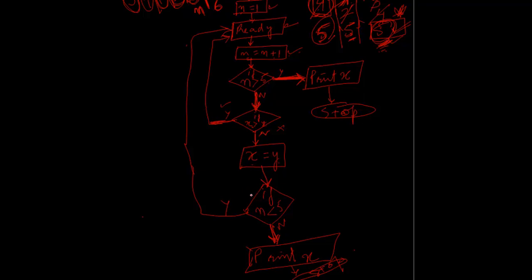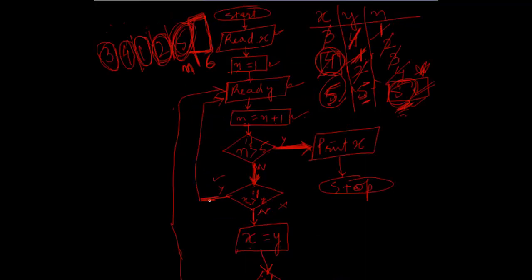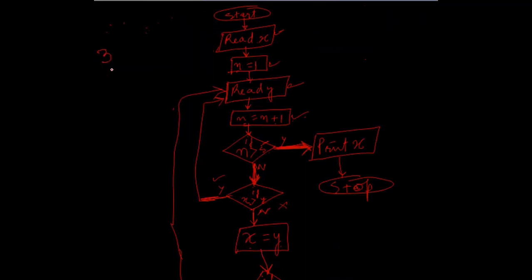Now the problem lies here, at this point. If it was like this, suppose 3, 5, 1, 2, and 4.